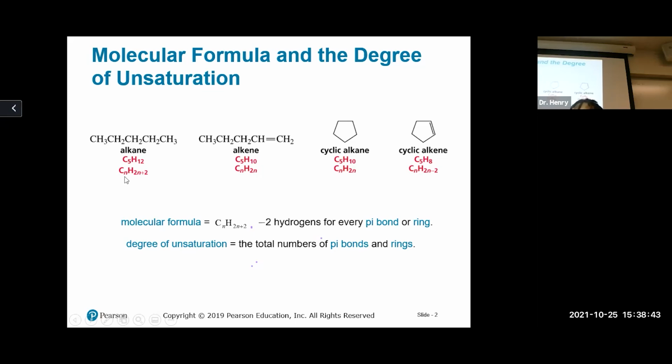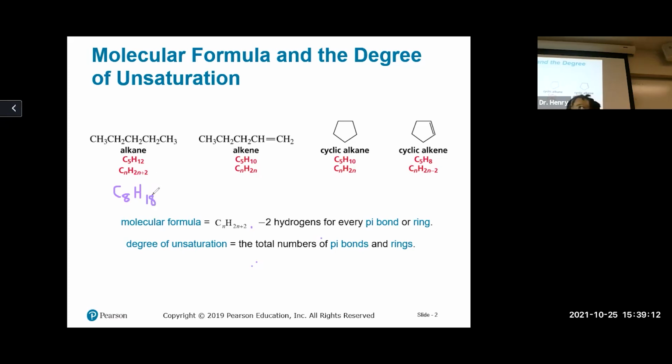So if it's 1, then that's a total of 4, so it's CH4. If it's octane, then C is 8, so C8, and then we have H16 plus 2, 18.